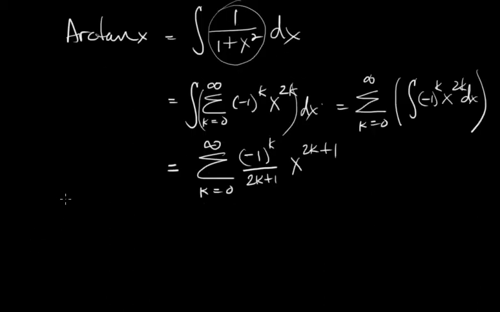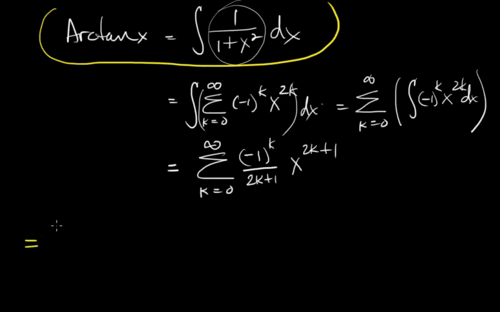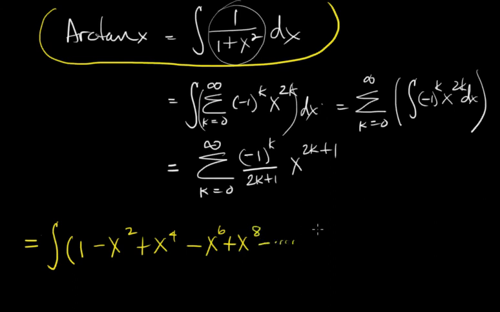Now let me show you another way to do this. You have to start by recognizing this. But instead of writing the summation notation for the power series, we could say, well, arctan x then is the integral of, and write the power series as 1 minus x squared plus x to the 4th minus x to the 6th plus x to the 8th minus dot dot dot, close parenthesis, dx.